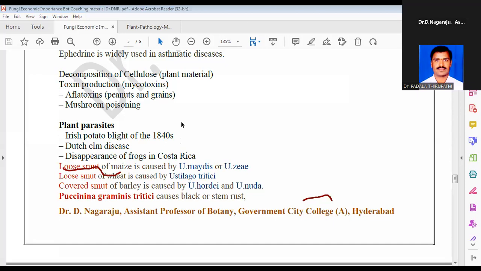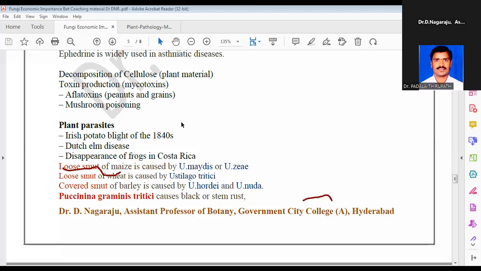That is one of the major diseases that caused starvation and death of so many people, and financial deficit of the total countries, because of a single fungi, Phytophthora infestans. That is also called Dutch elm disease.